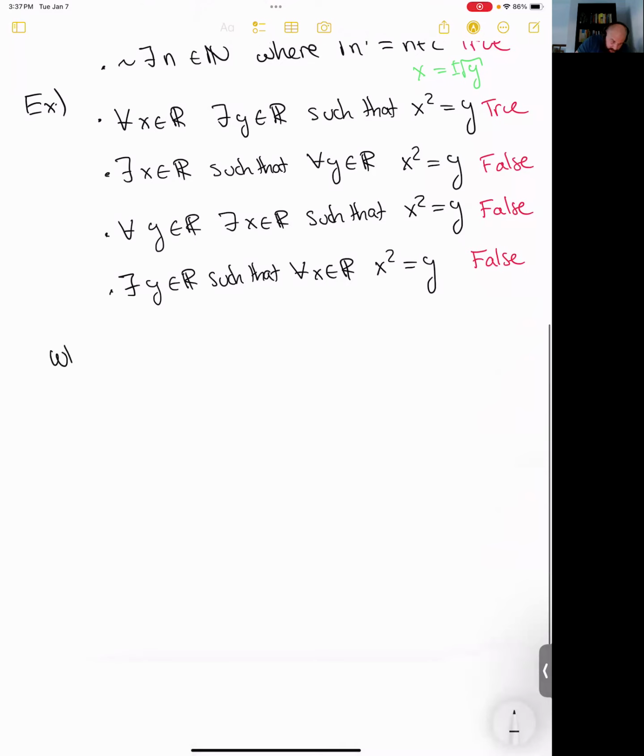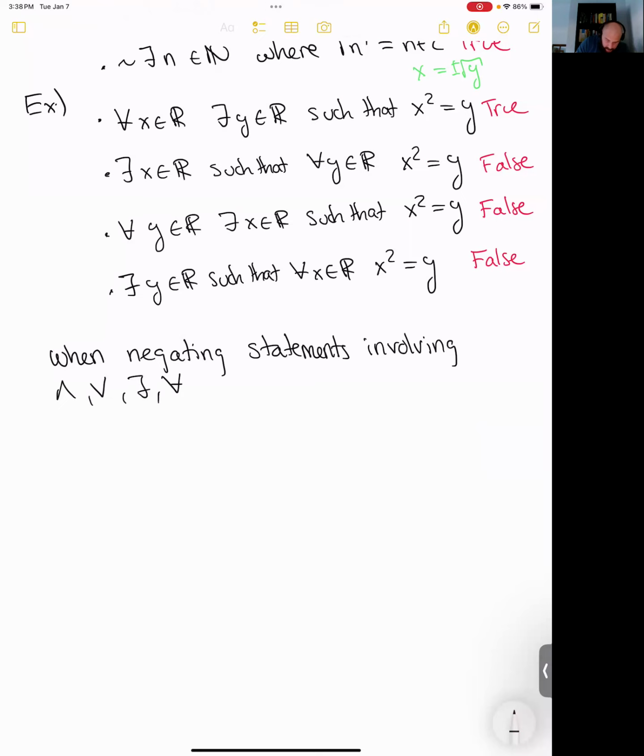So when negating statements involving and, or, there exists, and for all, we use the following rules.